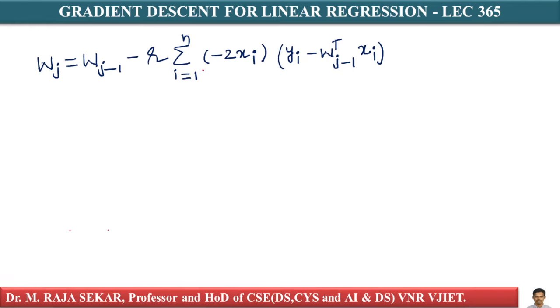What is that problem? One major problem with this particular formulation is that for every update, every time I'm going from Wj minus 1 to Wj, W0 to W1, W1 to W2, you have to compute this sigma i equal to 1 to n of minus 2xi into (yi minus Wj minus 1 transpose xi).